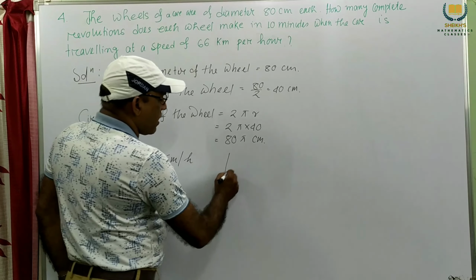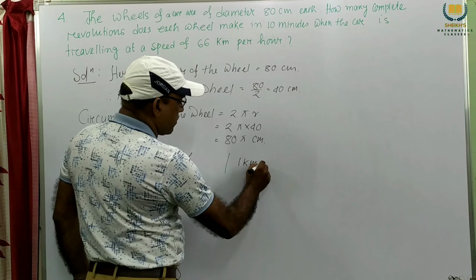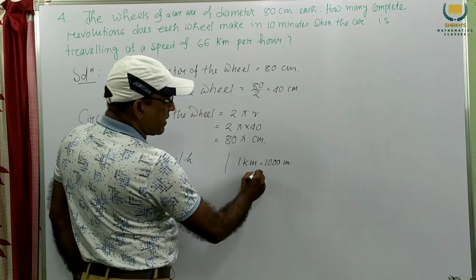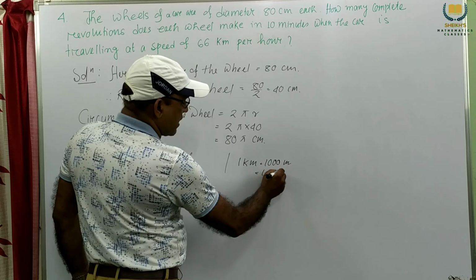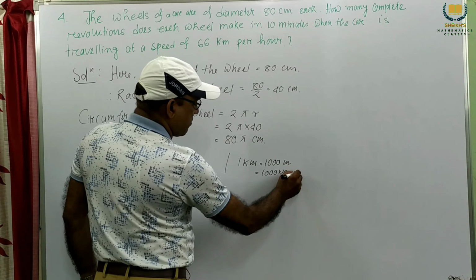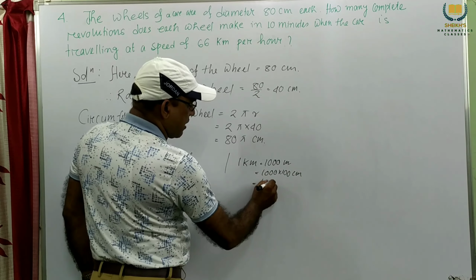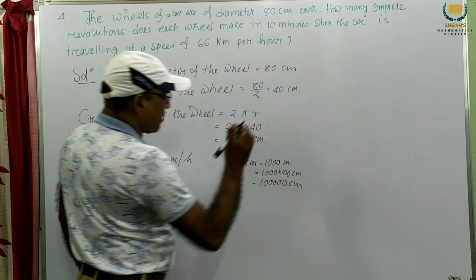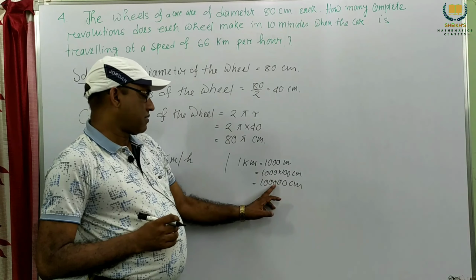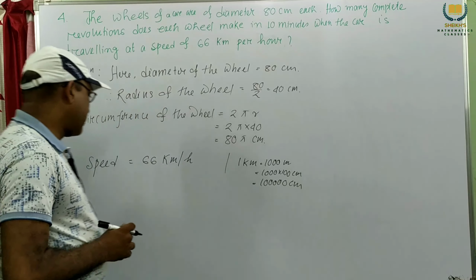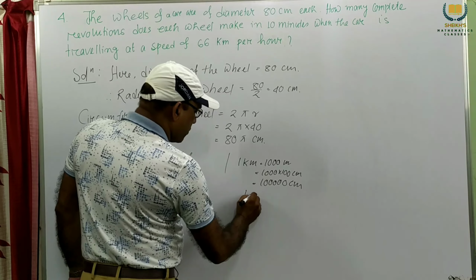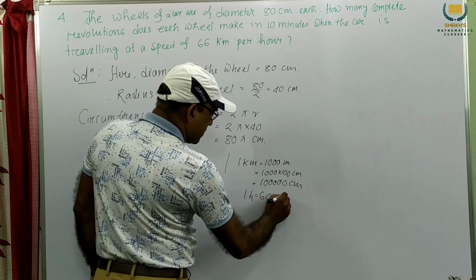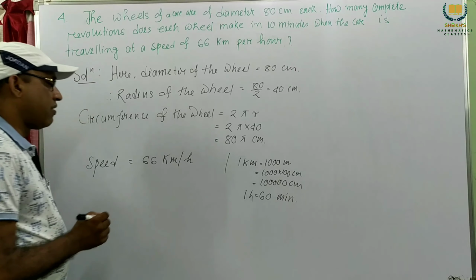So 1 kilometer, we know this is 1000 meter. Again, if we convert meter to centimeter, then multiply by 100 centimeter. So this will be 5 zeros. 1 kilometer equal to 1 lakh centimeter. And 1 hour equal to 60 minutes. We know this from lower class.